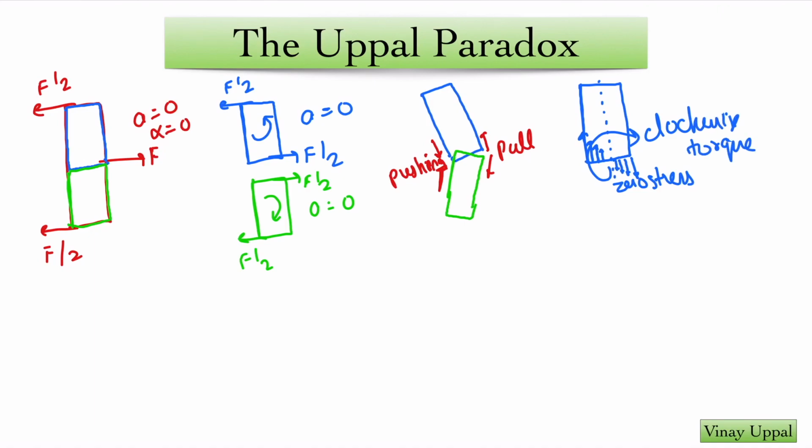And therefore, they will exactly cancel out the anti-clockwise torque by these forces, and that will ensure that alpha is 0, while also ensuring that there is no net external force on this blue section, because these compressive and tensile stresses will cancel each other out. They'll only produce a torque, they won't produce any additional force.